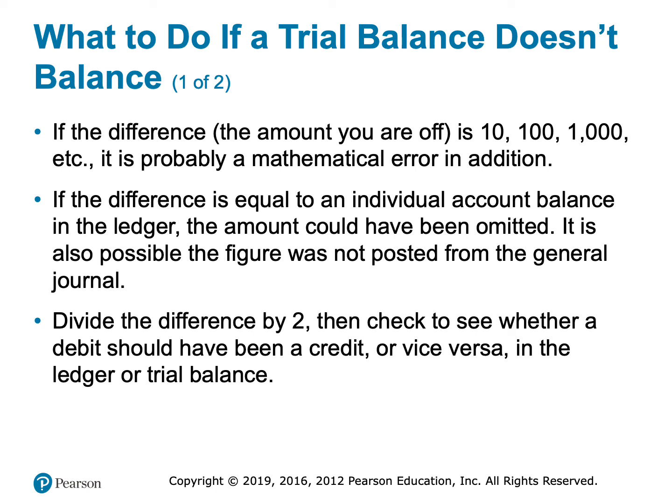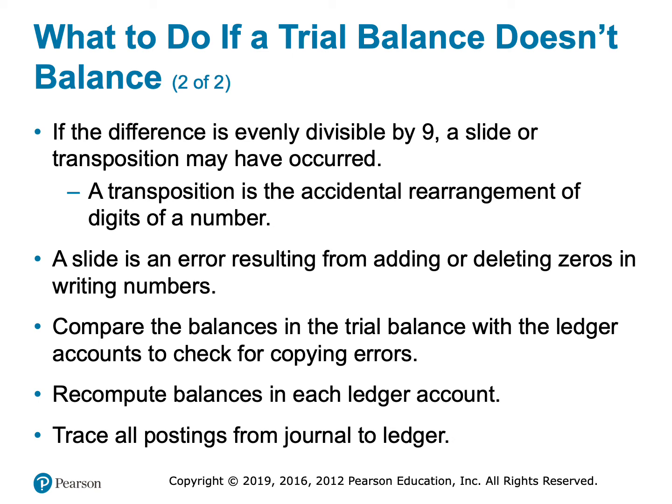If we can divide the difference by 2, then check to see whether we maybe messed up a debit or a credit, right? If the difference is divisible by 9, then this commonly tells us that we made a slide or transposition error, which means we accidentally added or subtracted a 0, okay?